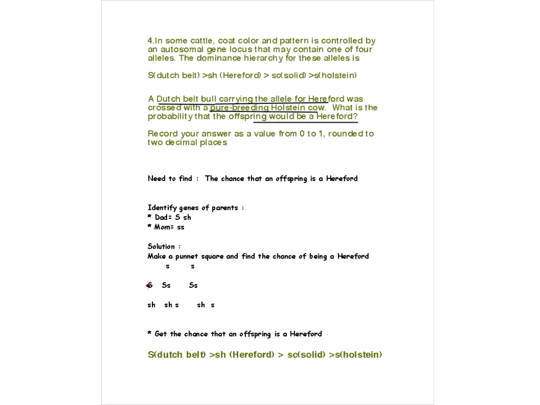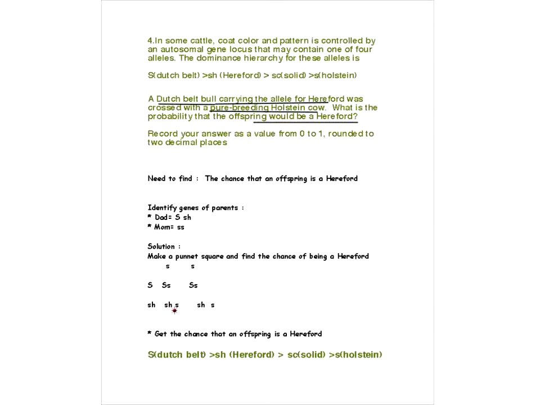And so we put the genes like this, and we do the cross, but we're looking for the probability that the offspring is going to be a Hereford. So a Hereford is going to be S H, and the only way we're going to get a Hereford is if we get S H and then some other gene that is recessive to S H, so maybe S H and S C, or S H and little s.